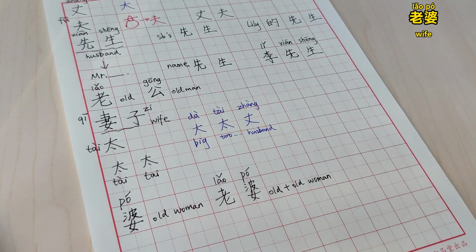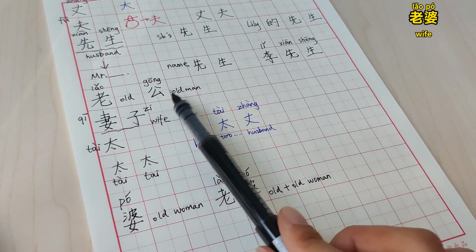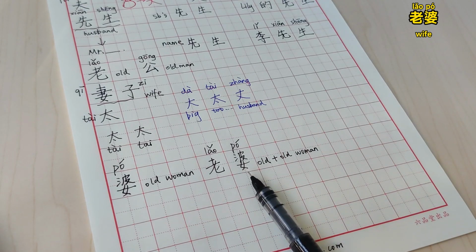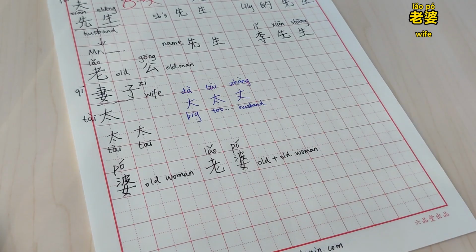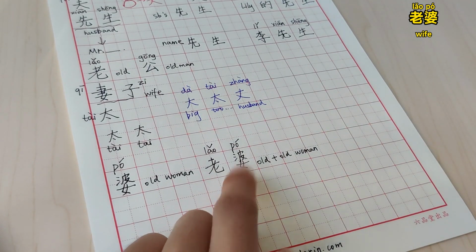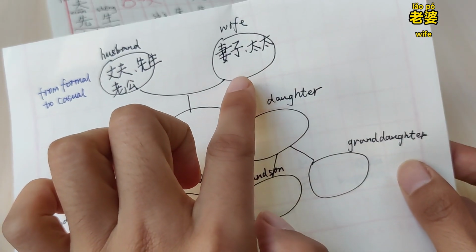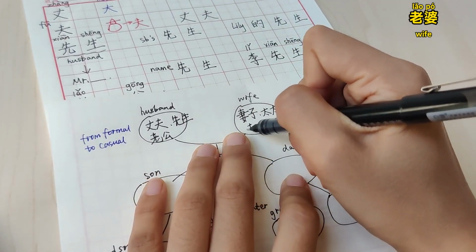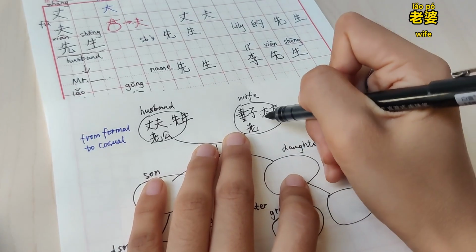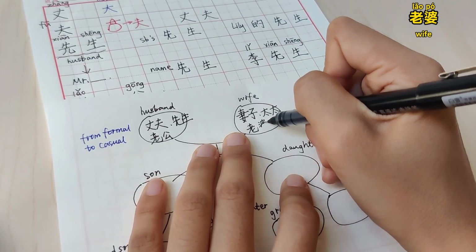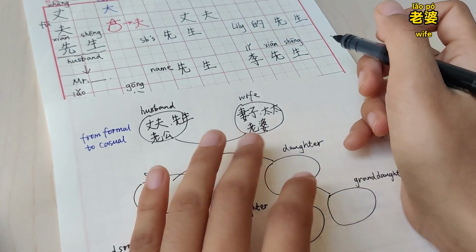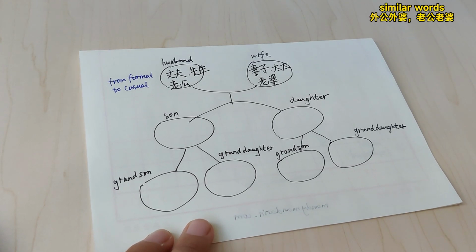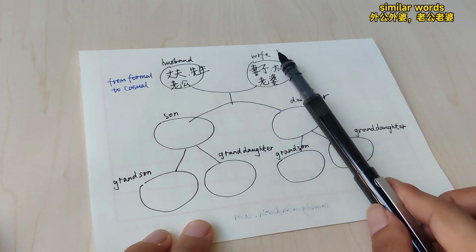So the casual word for husband is 老公, old man, and the casual word for wife is 老婆, which means old woman. Now let's take the words and fill in the blank. That would be 老婆. Okay, so now we already learned 6 words, 3 for husband and 3 for wife.